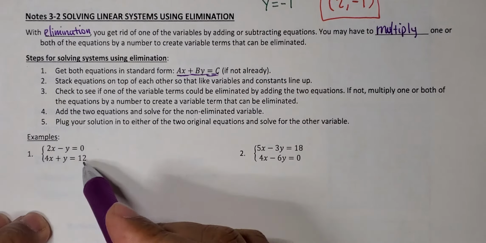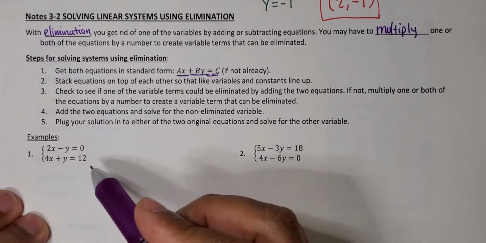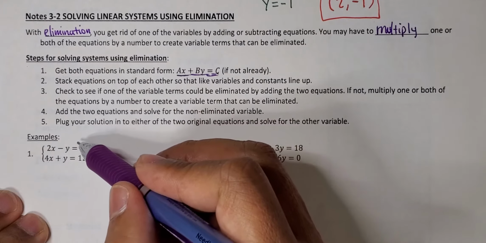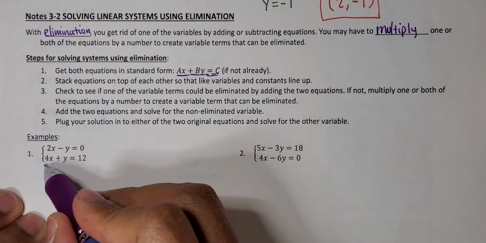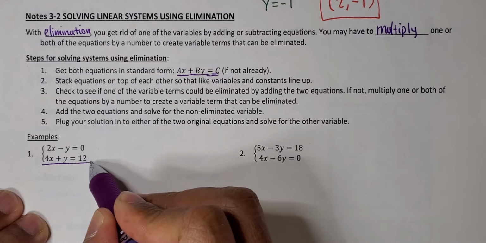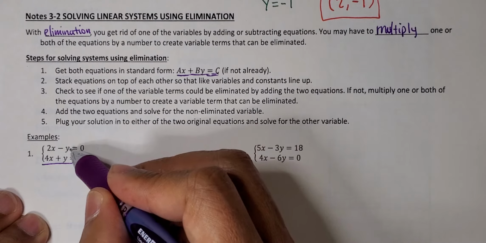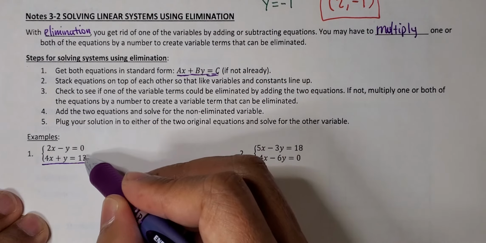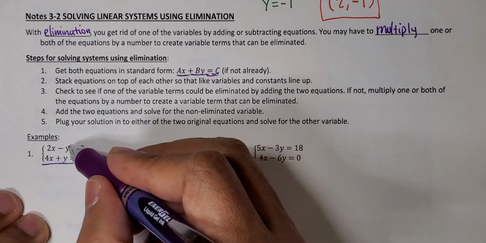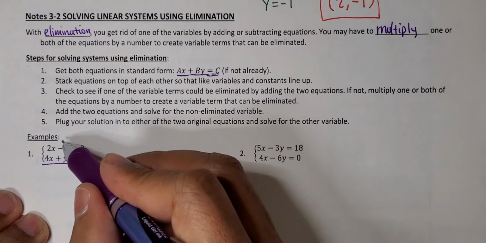Once you see that both are set up in standard form, you can right away see that we can add these two equations. Again, they're stacked on top of each other: the y's line up, the x's line up, and the constants line up. So I combine the two equations.